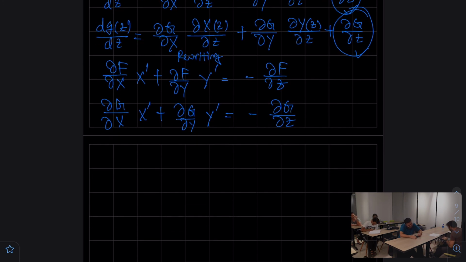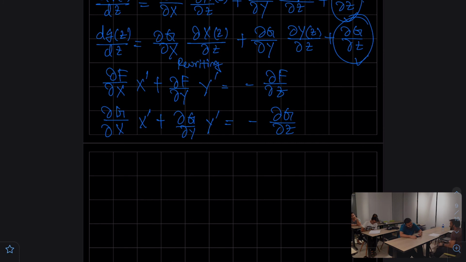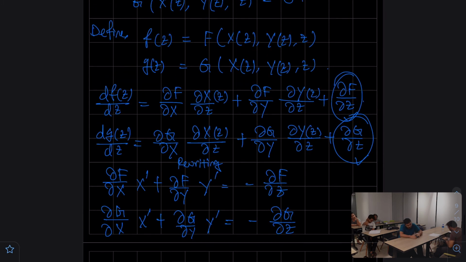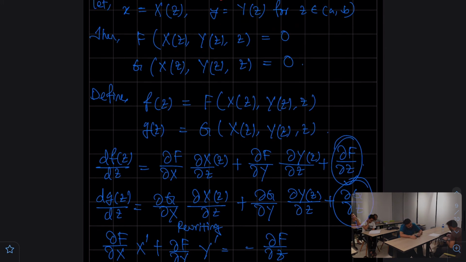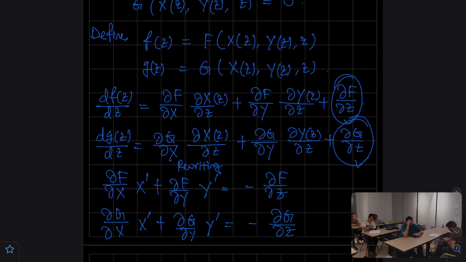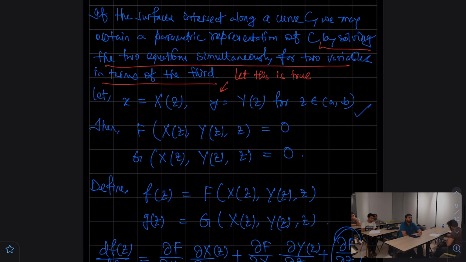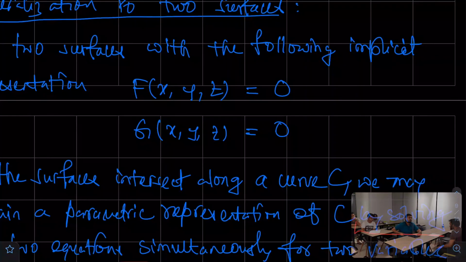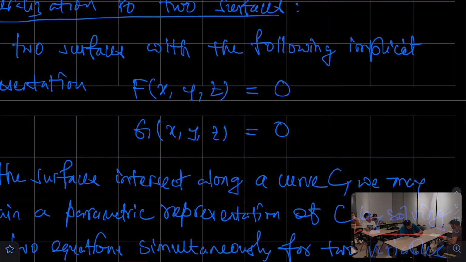Yeah, but when you are writing these, you are no longer on the curve, right? Well, whenever I have this, I am on the curve. Otherwise, I cannot start with this one. When f and g are identically zero, then you are on the curve. No, they are identically zero on the surface. Yeah, but you want both of them to be zero.